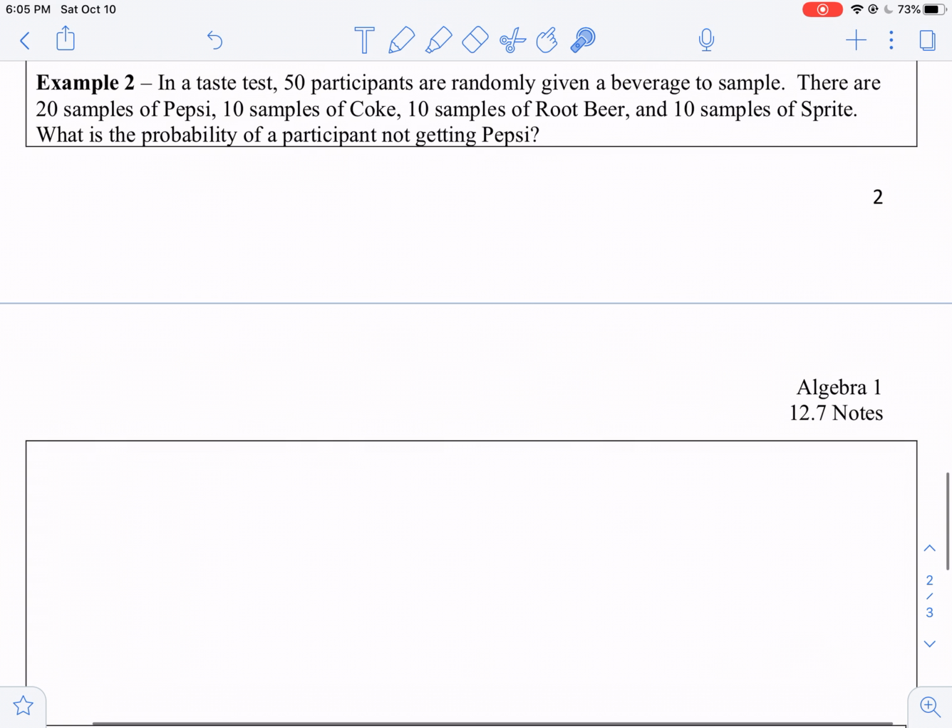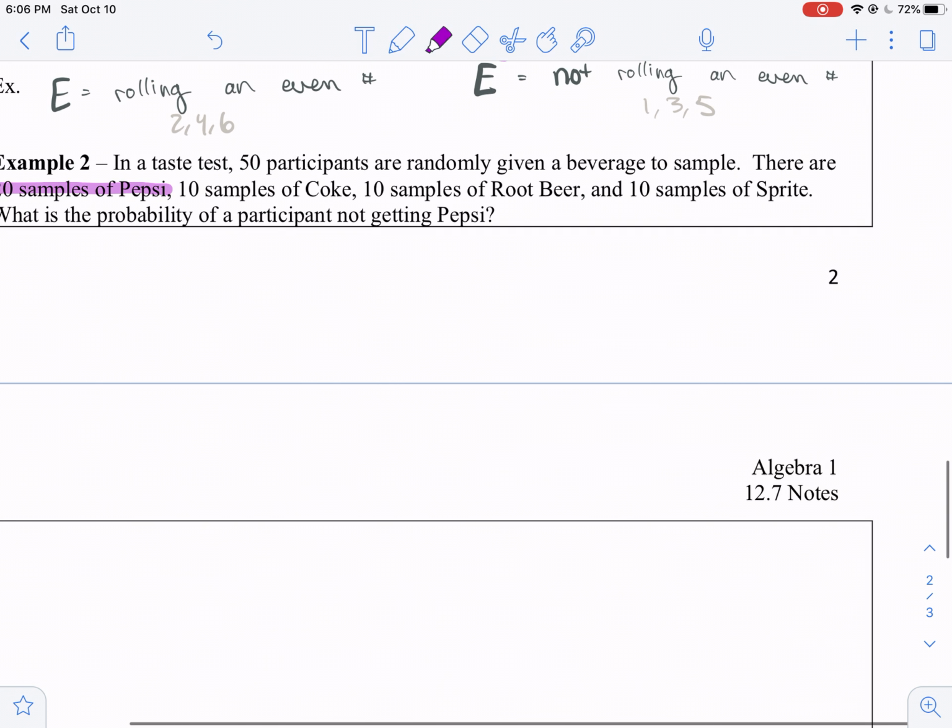All right, 50 participants are randomly given a beverage to sample. There are 20 samples of Pepsi, 10 samples of Coke, 10 samples of root beer, and 10 samples of Sprite. What's the probability of a participant not getting Pepsi? Well, we could find out. Here's Pepsi.